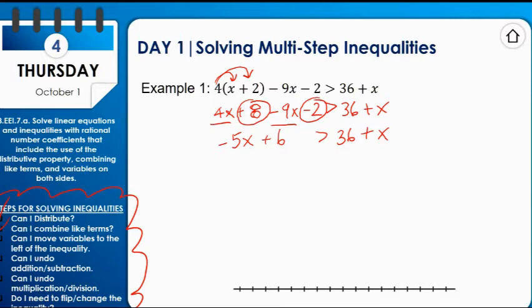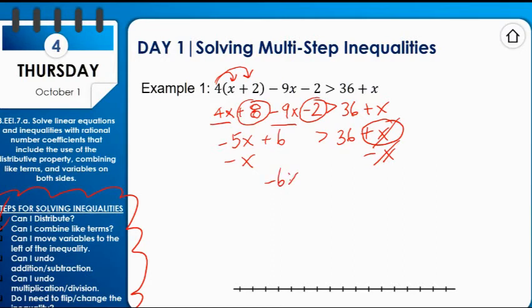So now, can I move variables to the left of the inequality? I have a plus or positive x on the right of the inequality. In order to move it to the left, I want to subtract x from both sides. Positive x cancel.